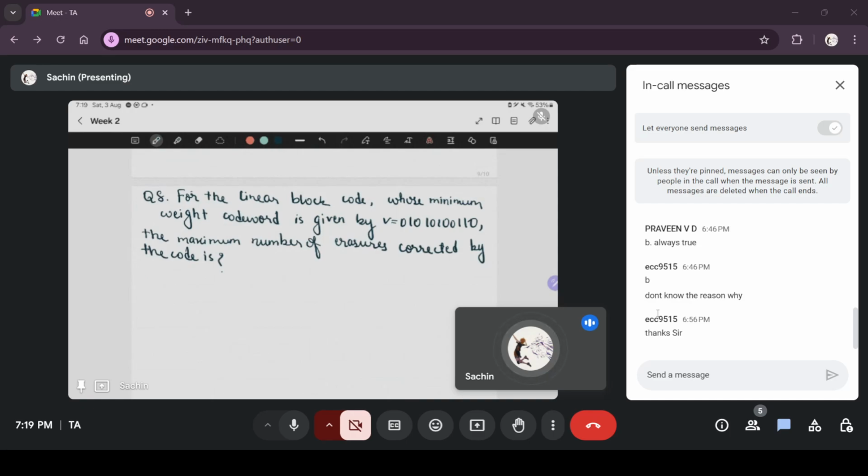So an erasure is different from an error. In an error, if you sent a bit 1 and you got a bit 0, that is an error. In an erasure, you send a bit 1 but you don't receive that bit at all. For example, you might have noticed this while making a video call or even a normal call.